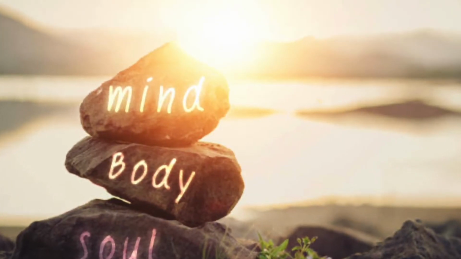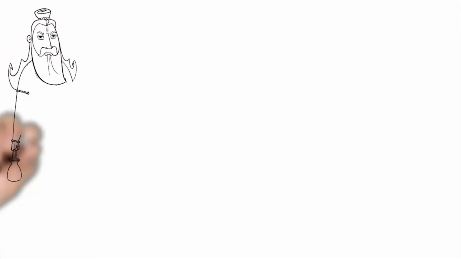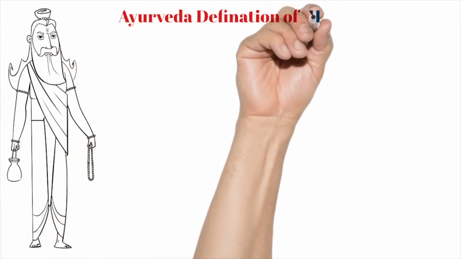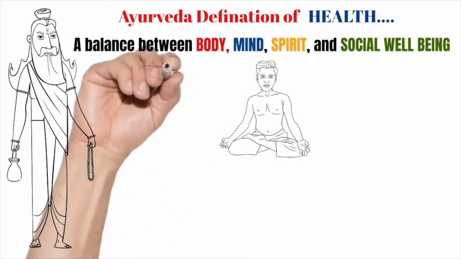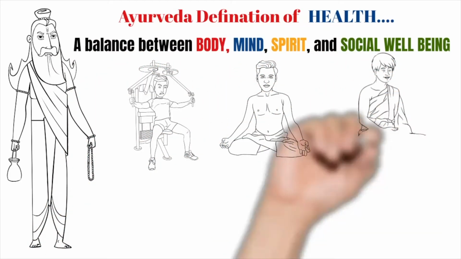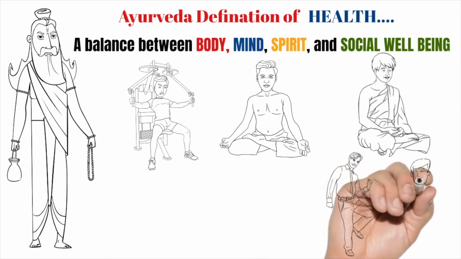Now look at the health definition from an ancient Vedic science which is called Ayurveda. Ayurveda defines perfect health as a balance between body, mind, spirit, and social well-being.